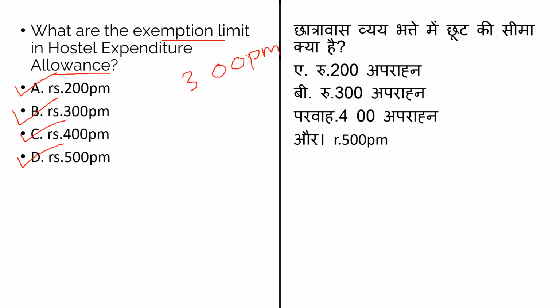Up to a maximum of 2 children. If the person has 4 children, then he will not get the tax benefit for all 4 children, but only for 2 children. The answer for this question will be option B.